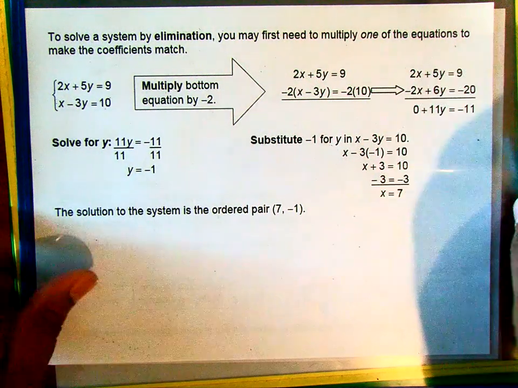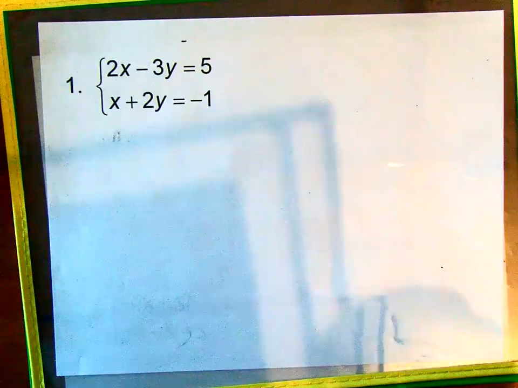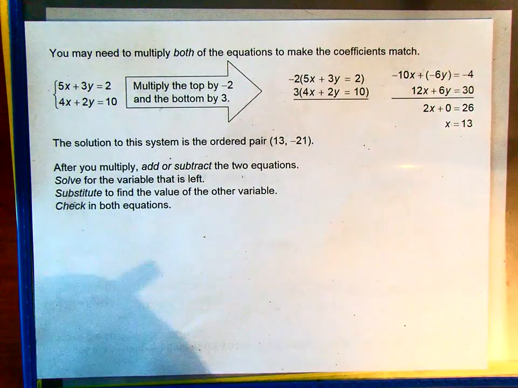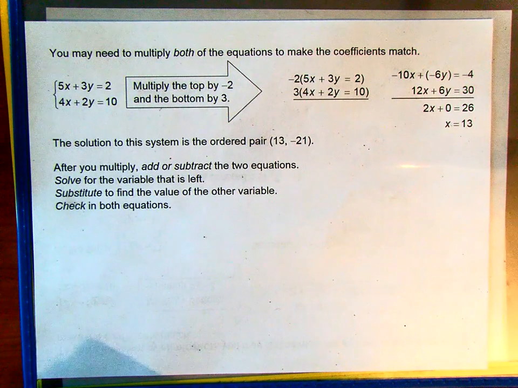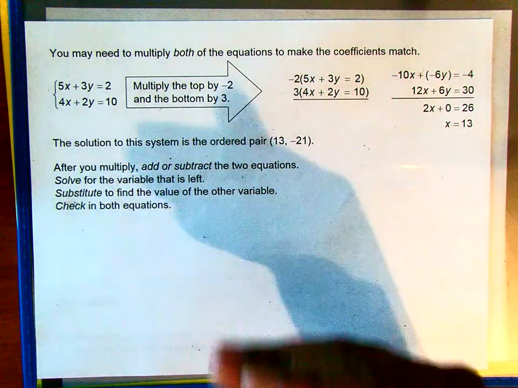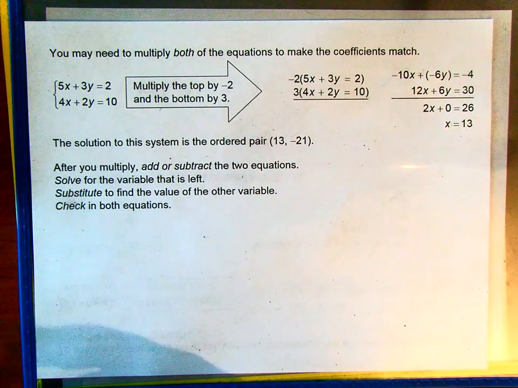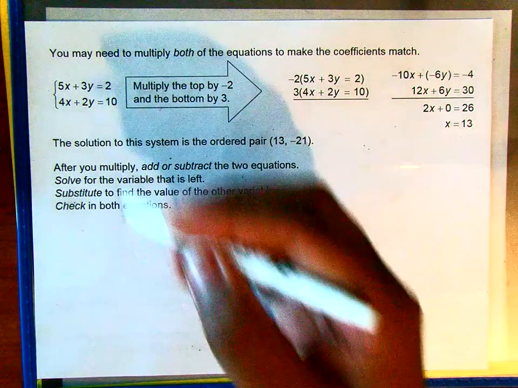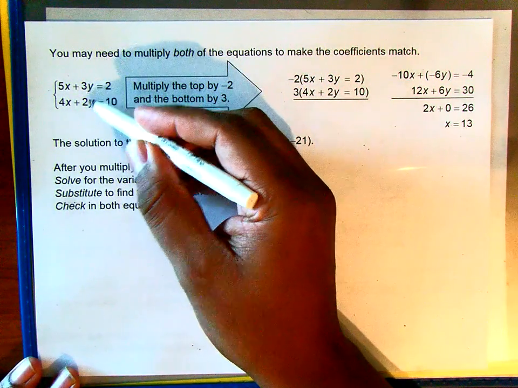Okay, let me show you a different example. Now sometimes you'll need to multiply both equations by 2 different numbers so that you can get that same number, because you can't just multiply by 1. So for this example, it looked at the smallest numbers here, 3 and 2 by the y.